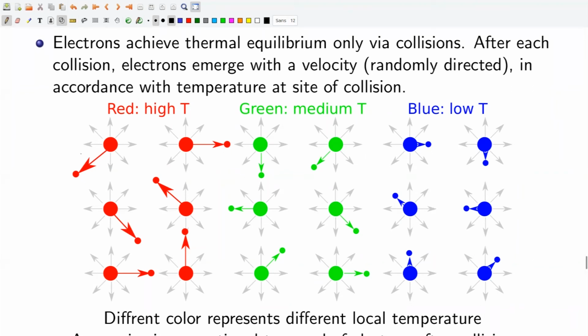So for example, the size of these red arrows, which we assume to be at high temperature, is very large. That means the electron is emerging with a large velocity after this collision. Whereas the blue arrows are very small, which implies that the electrons are emerging with a relatively small velocity after collision from a region which is at low temperature.